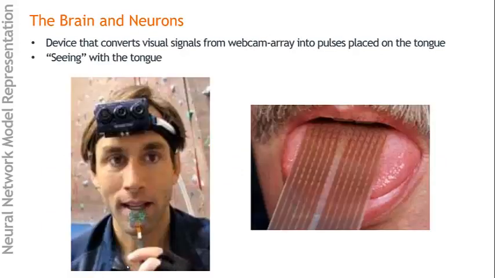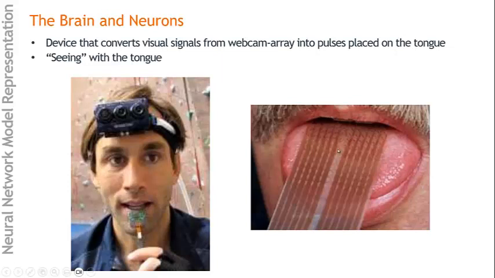For example, here is an apparatus that could be used by blind people to see. It takes signals from a camera and it converts them to signals on the tongue. Now, if you wore this device for a long time and trained yourself to recognize different things, the tongue system, this gives electrical impulses, so your tongue would feel electrical impulses.